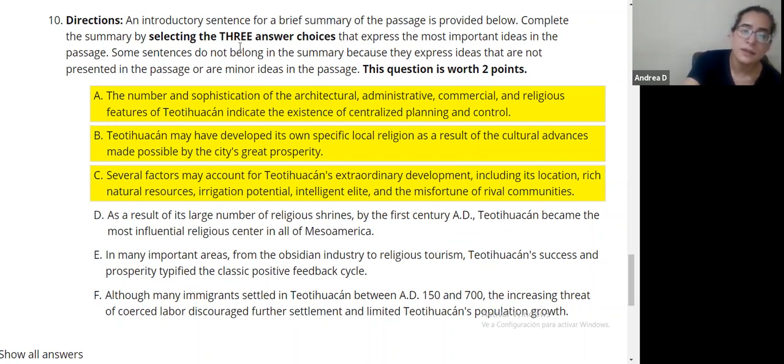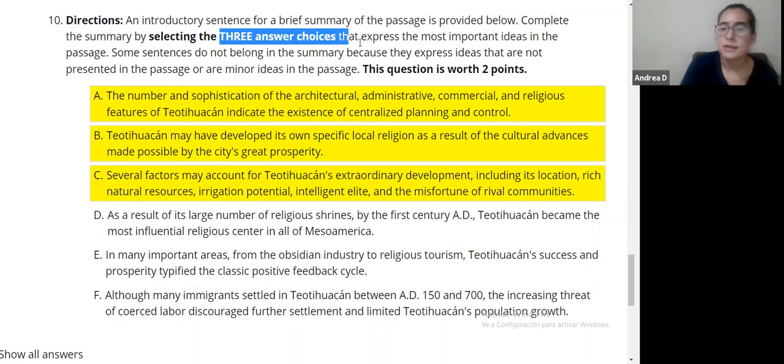So select the 3 answer choices that express the most important ideas in the passage. I'll give you some time to read them, and I want to know what you guys think, okay? If you can take a guess, we're just guessing for now, but let's try and do it.